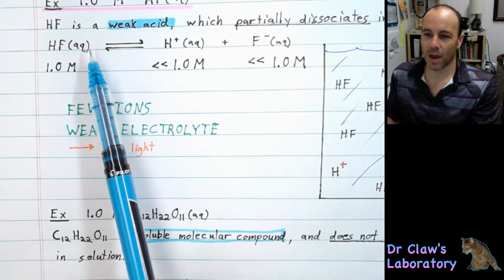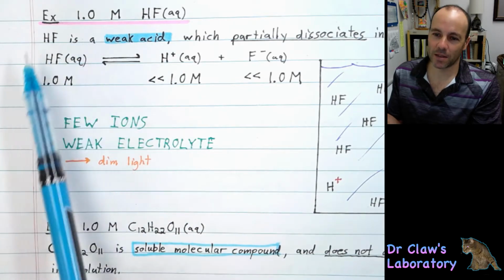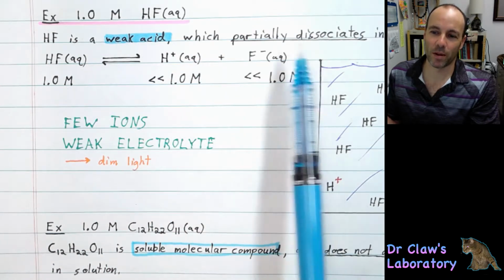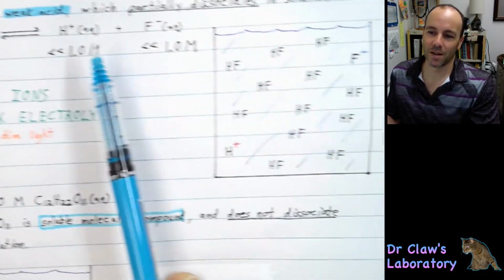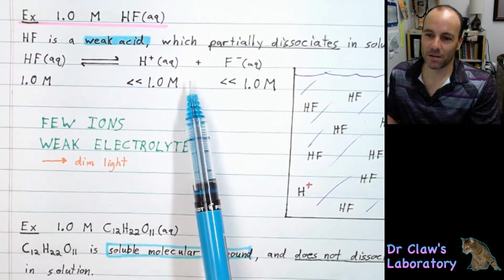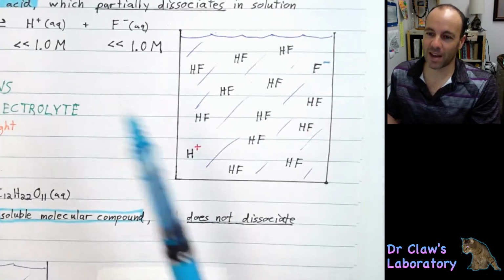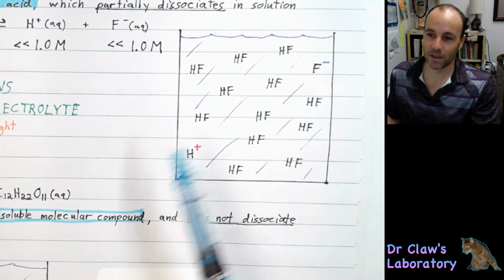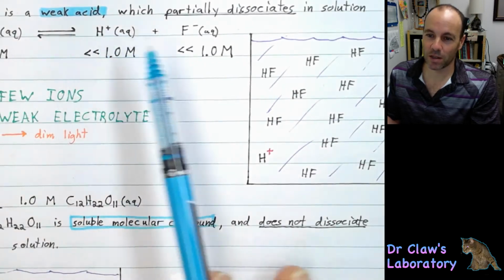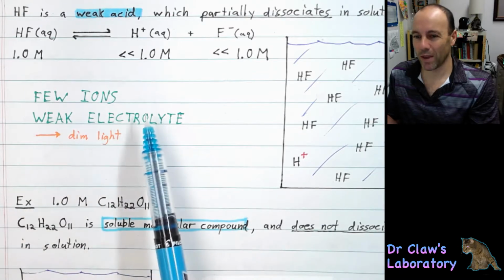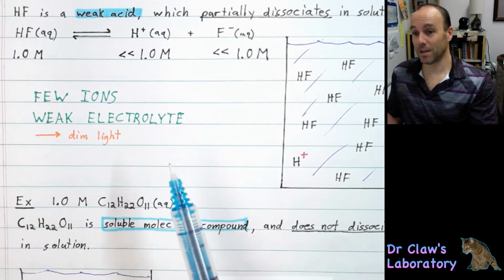And if you had 1 molarity hydrofluoric acid, you would have much less than 1 molarity protons and 1 molarity fluorides, because for every 1 mole per liter, you're going to have a lot less than 1 mole of the ions. So you only got a few ions this time. That would be a weak electrolyte. It would give you a dim light bulb.